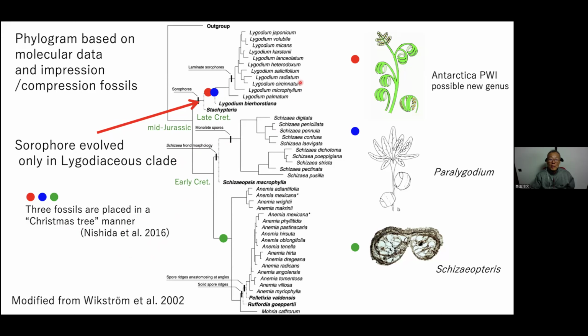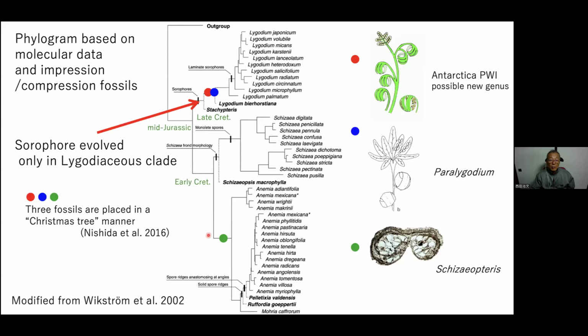So you have the phylogenetic tree of the living species, and this phylogeny is provided from Wikström and others in a 2002 paper.